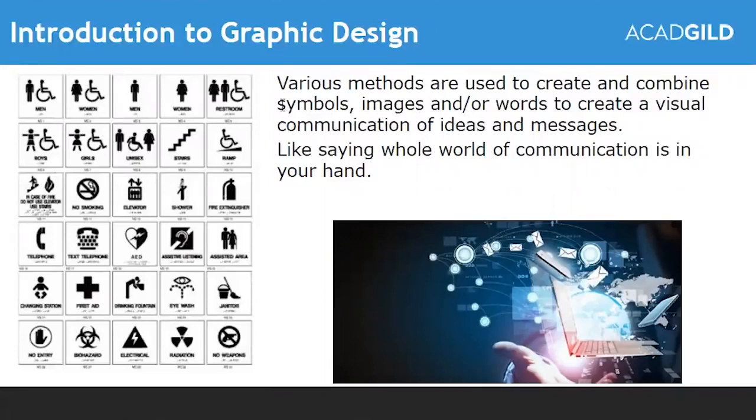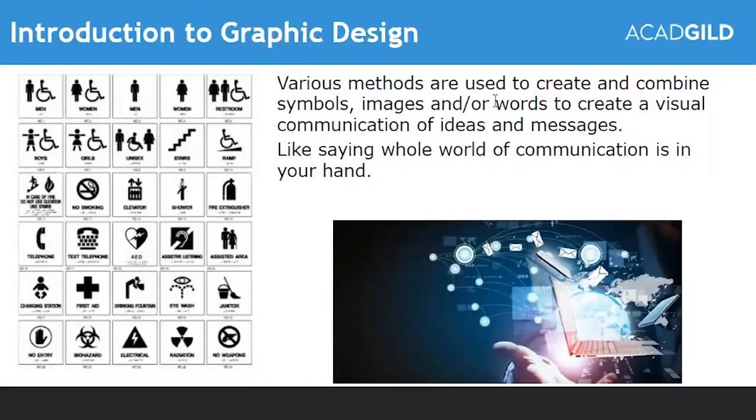A symbol can be anything. It can be a pictogram, it can be an infographic, it can be any unique text also, that comes under symbols. Here, images and words are used to create visual communication.